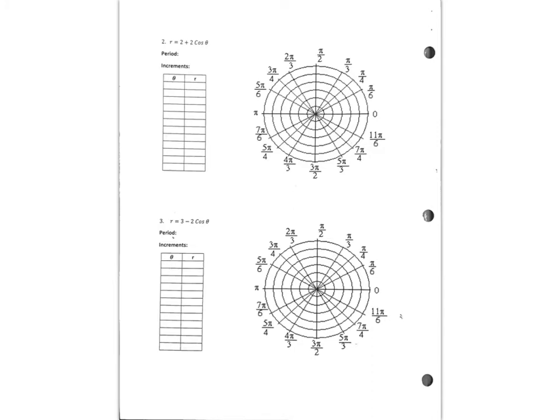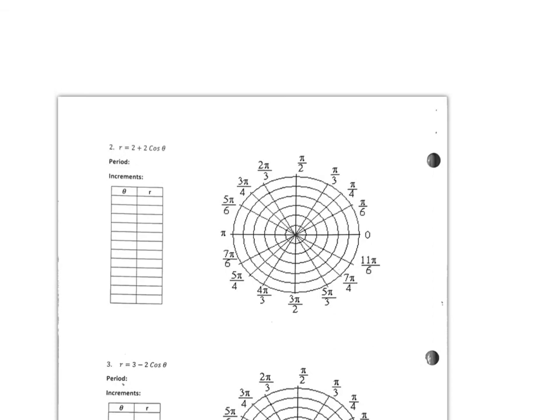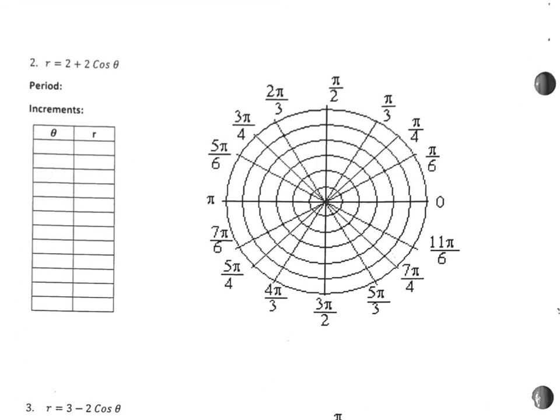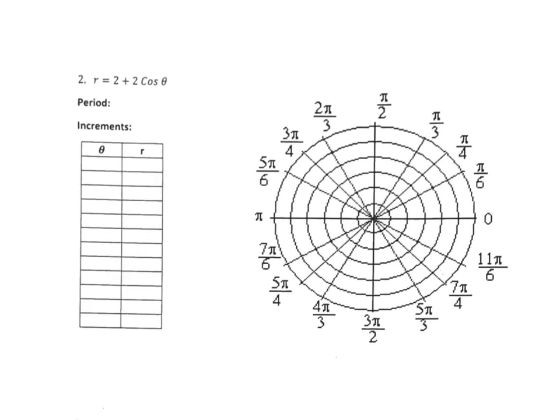So number 2, we have r equals 2 plus 2 cosine of theta. Let's make this a little bit bigger so we can fit everything on here. You can see the A and the B. Remember, the A represents the vertical shift, and the B becomes the amplitude when we graph cosine waves.